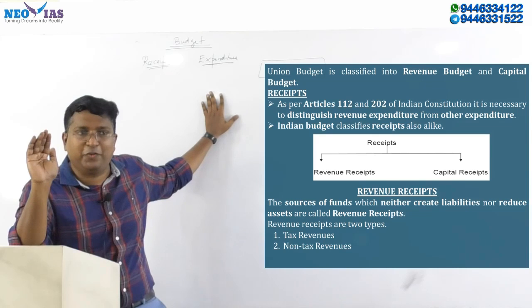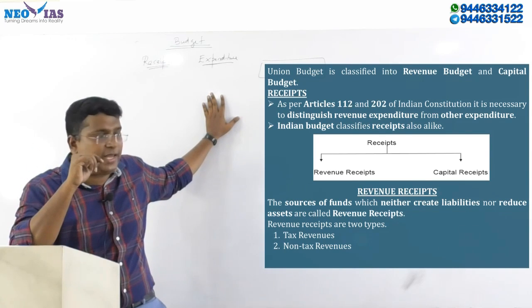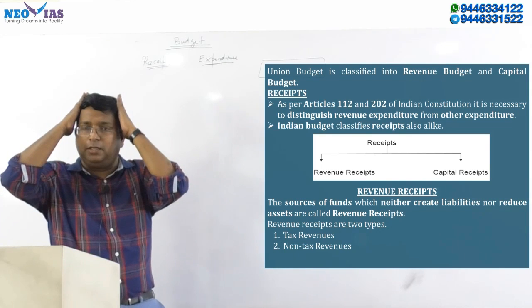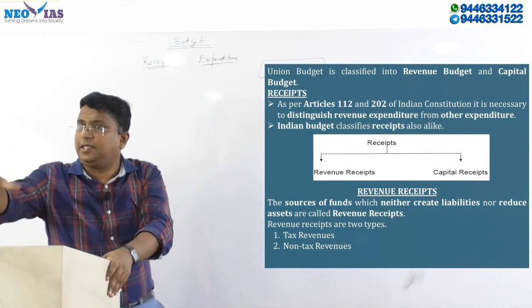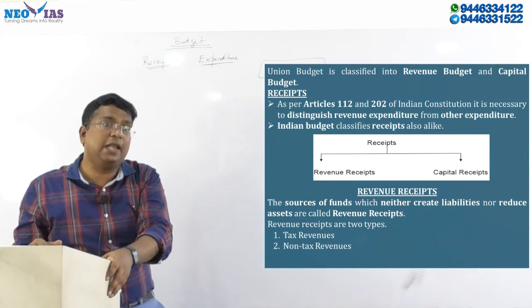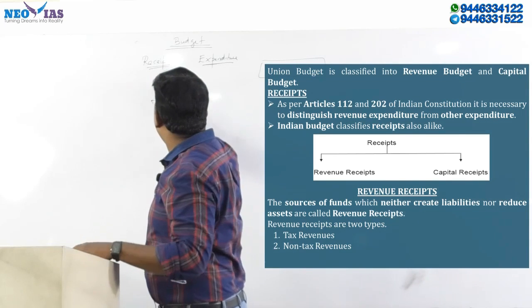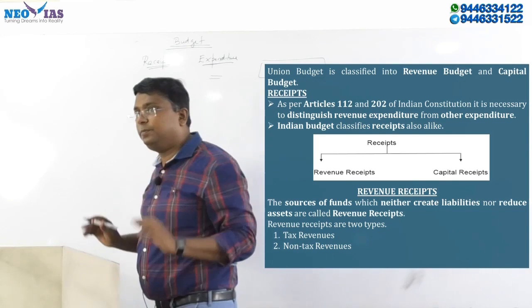I'll tell you, don't worry, don't jump into it. I know that once I show you the data, there are many concepts I have to explain, but the first thing to be very clear about is that the finance minister will be presenting a balanced budget, so that the receipts and expenditure will be equal. Keep that in mind.